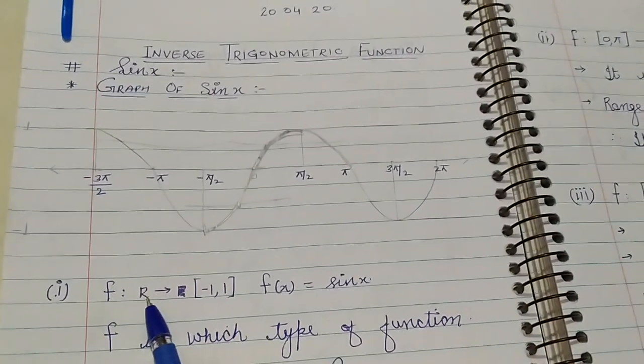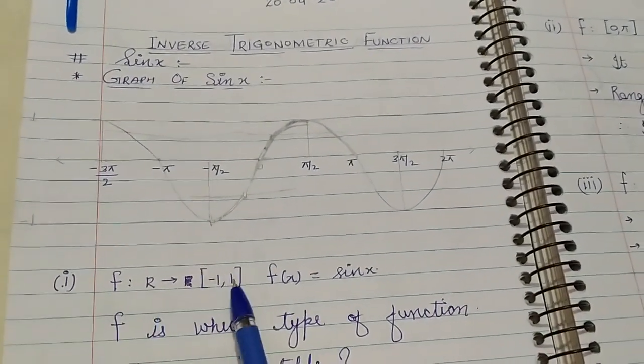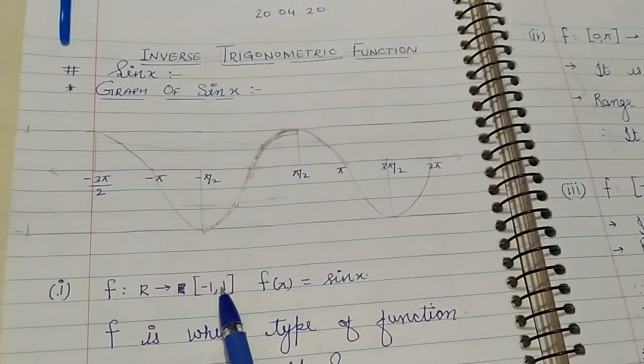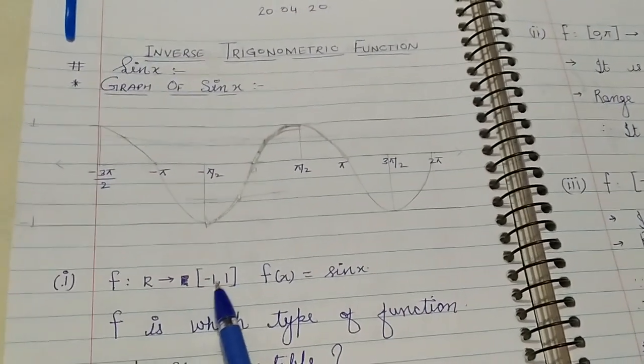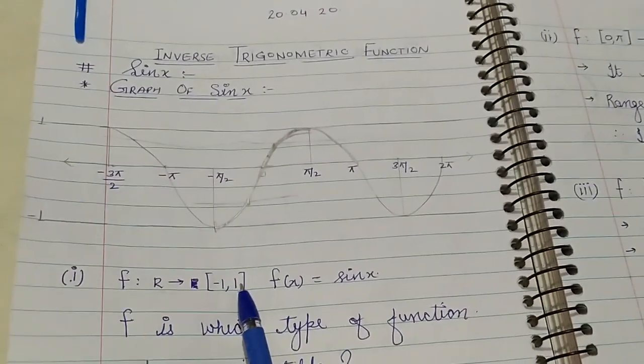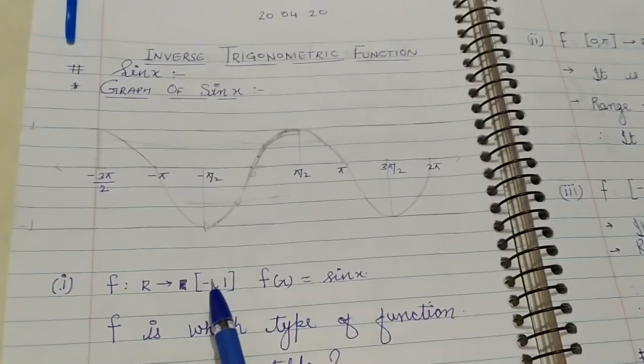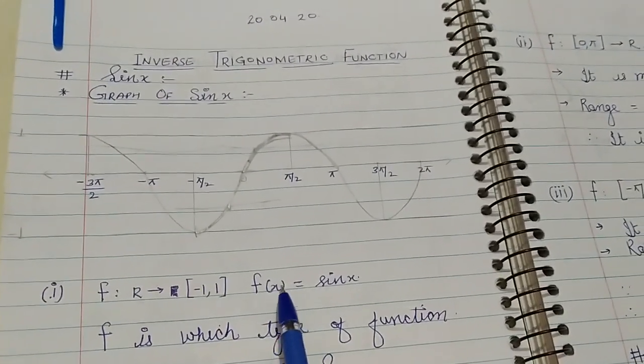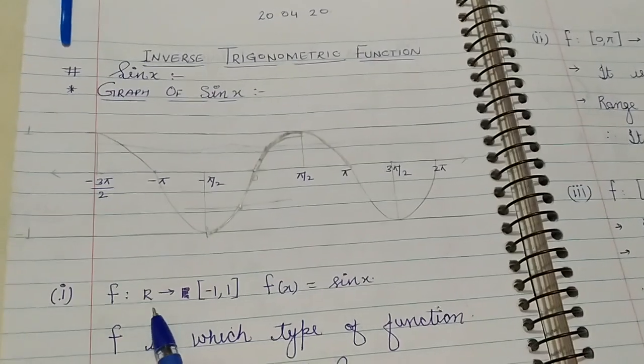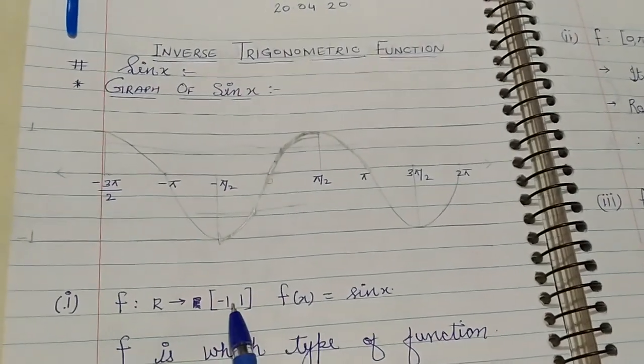That is, the domain is the set of real numbers and the codomain is the real numbers from -1 to +1. Now we shall study the sin x function under these conditions.